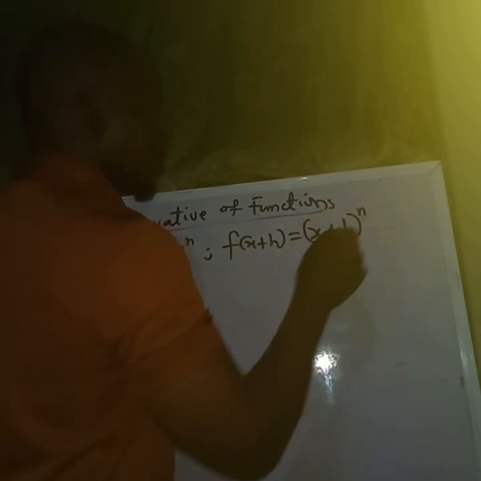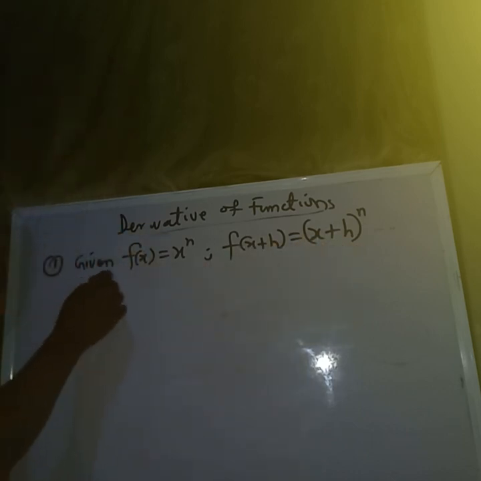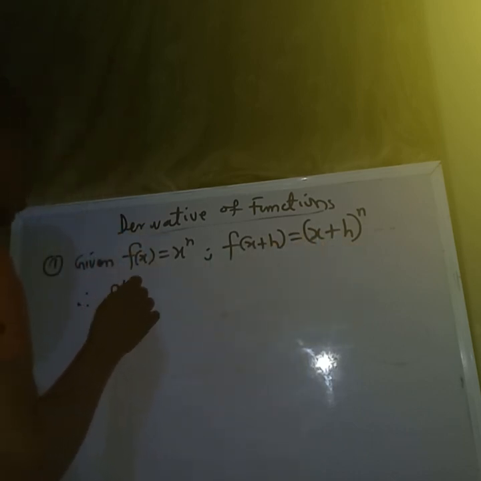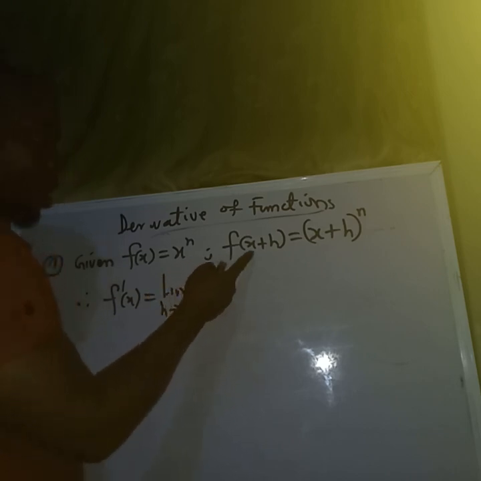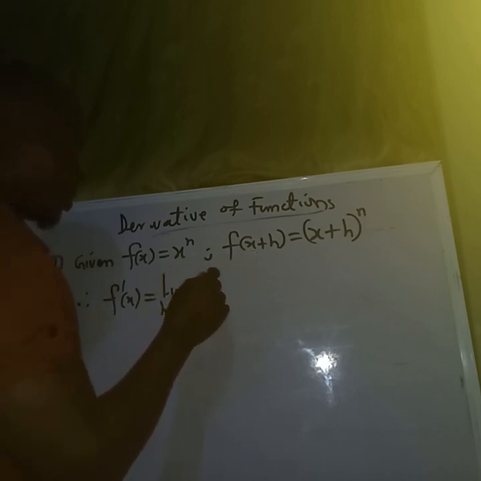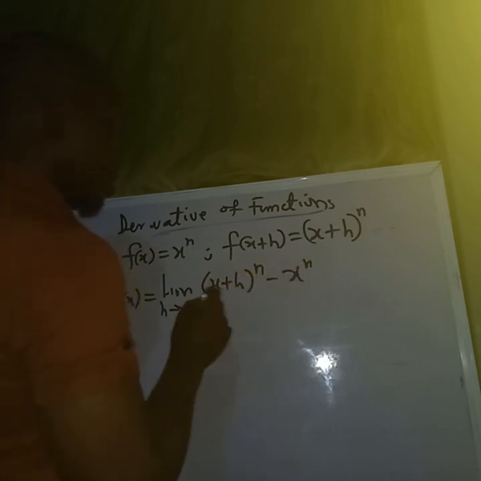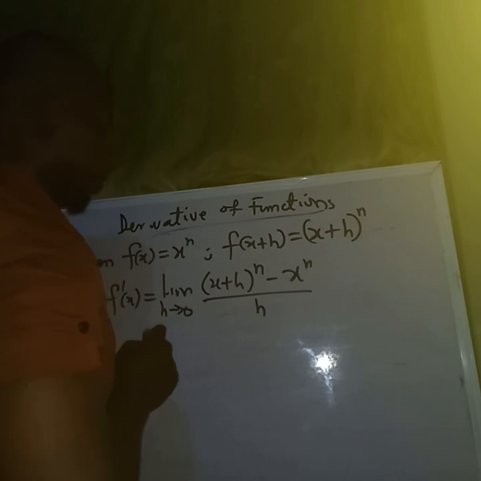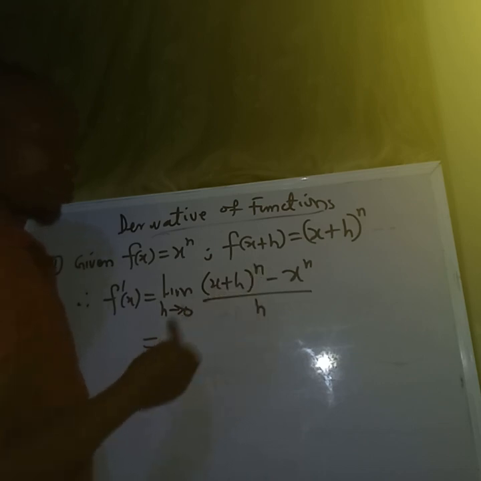So therefore, f prime of x will be equal to the limit as h tends to 0 of x plus h raised to the power of n minus x to the n, everything over h. We see that this term is a binomial term.